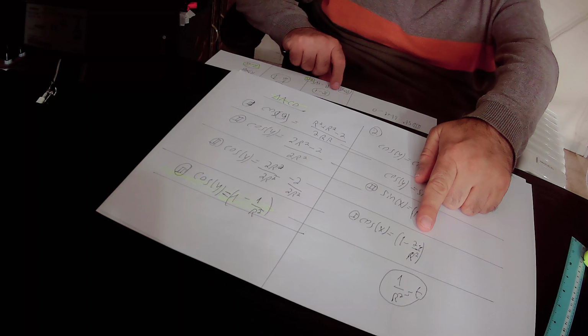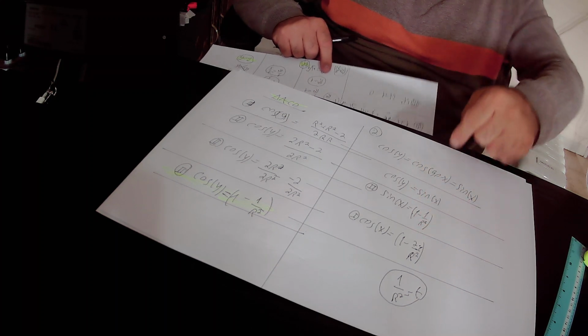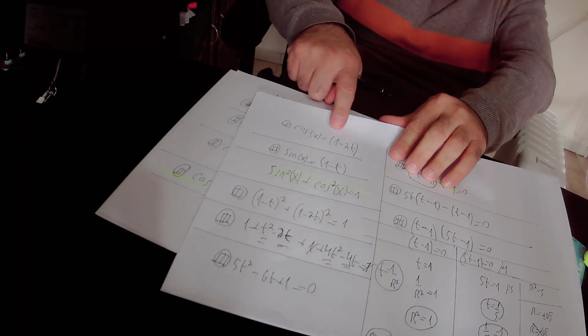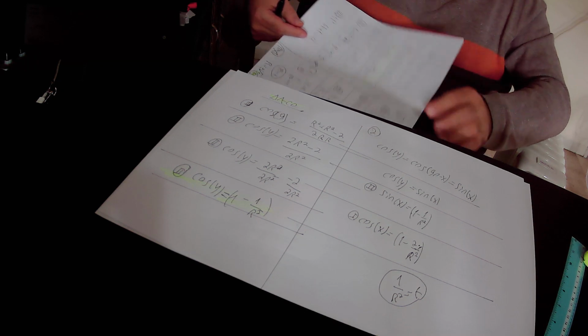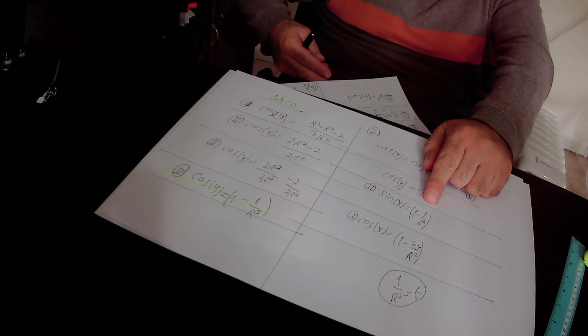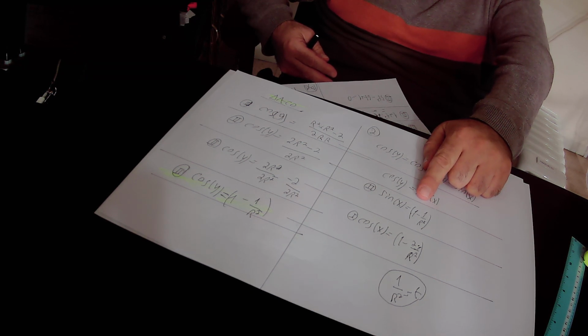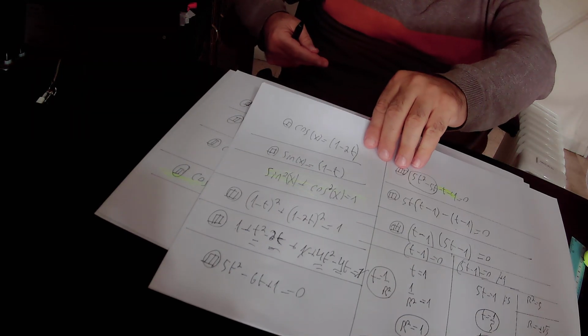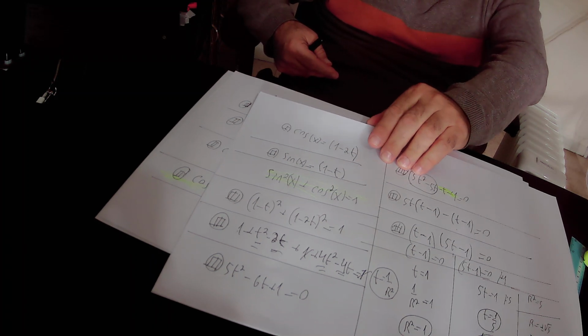So actually we found out that in total, according to equation number 1, cosine x equals 1 minus 2t. Then, according to equation number 2, sine x equals 1 minus 1 over r squared. 1 over r squared equals t. Therefore, sine x equals 1 minus t.